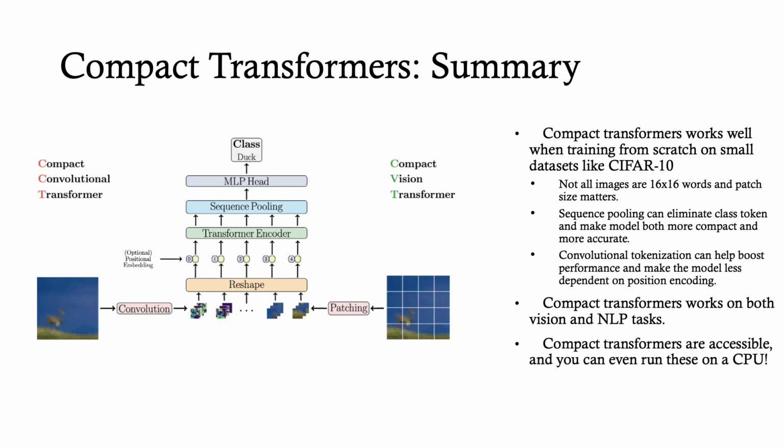Sequence pooling can eliminate the class token and make the model even more compact and more accurate. And the convolutional tokenization can help boost the performance and make the model less dependent on the positional encoding. Our compact transformers work both on computer vision and NLP tasks, and they are easily accessible, so you can run them on CPUs.